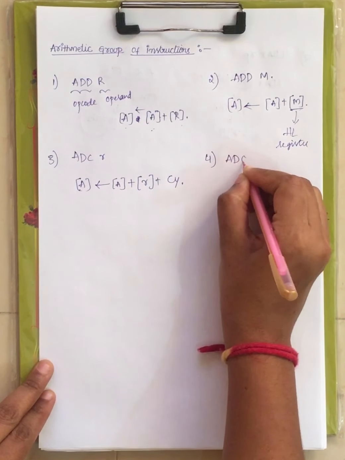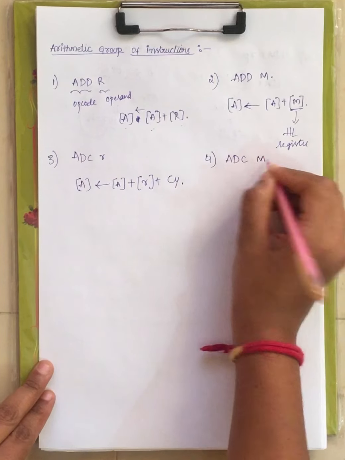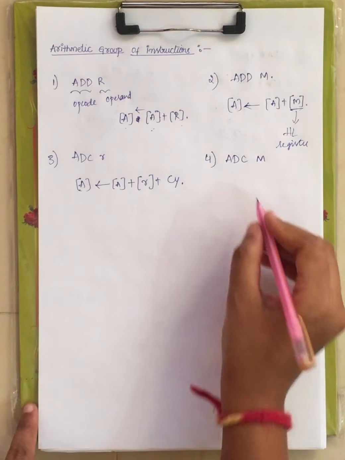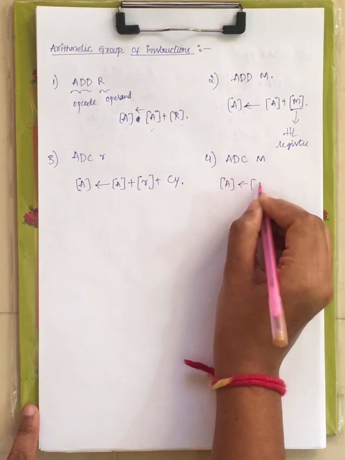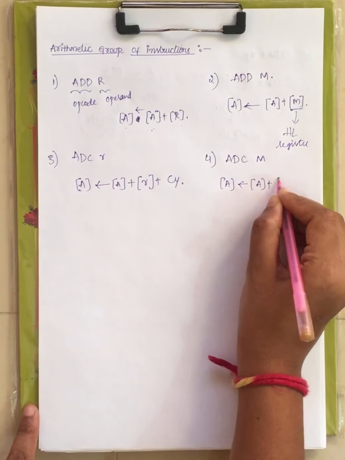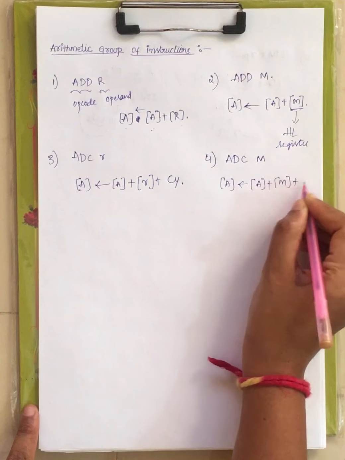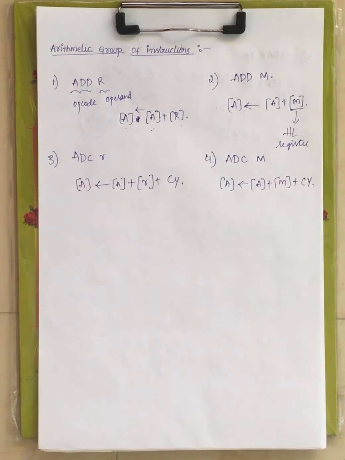Now coming to the fourth instruction, we have ADC M. Here the contents of the accumulator are added with the contents of the memory location along with carry. Whatever data is stored in the memory location is added with the data stored in the A register along with carry.